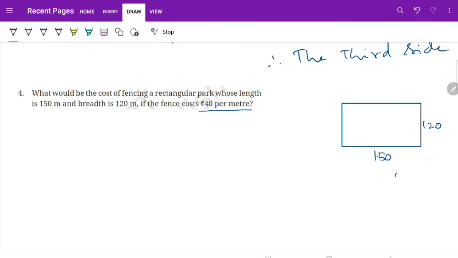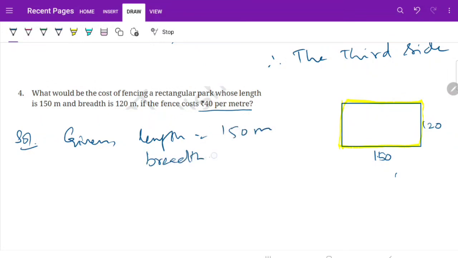First we need to find the perimeter so that we can do the fencing and find the cost. Without measuring the 4 sides, we cannot do this. We always write the given values first. Given length is equal to 150 meter. Breadth is how much?